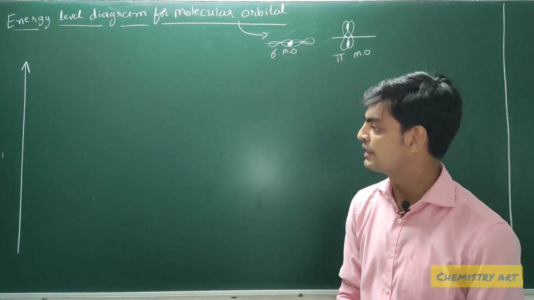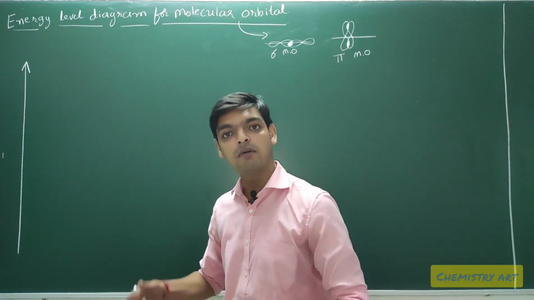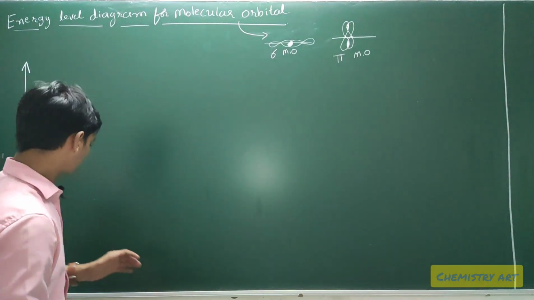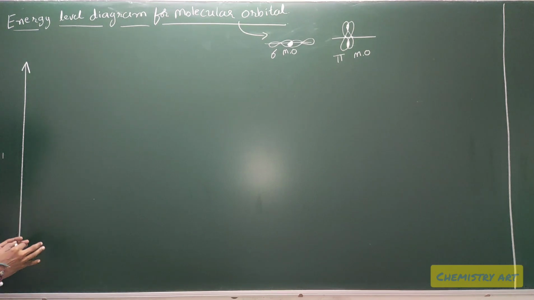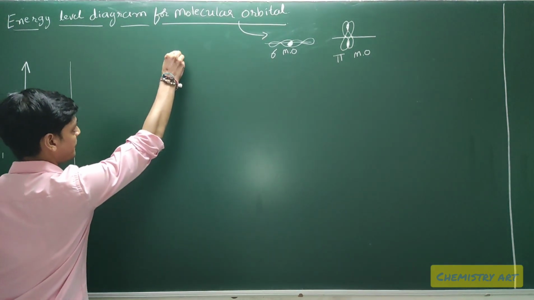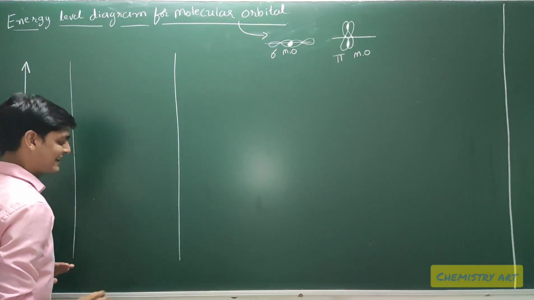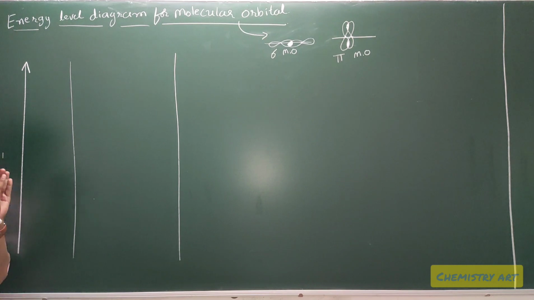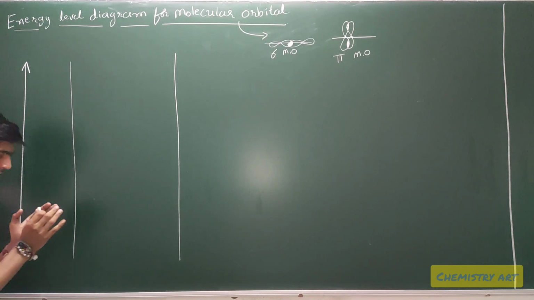As we know that atomic orbitals combine to form molecular orbitals, first of all we have to draw the atomic orbitals. For example, I am drawing a molecular orbital diagram of a homonuclear diatomic molecule.